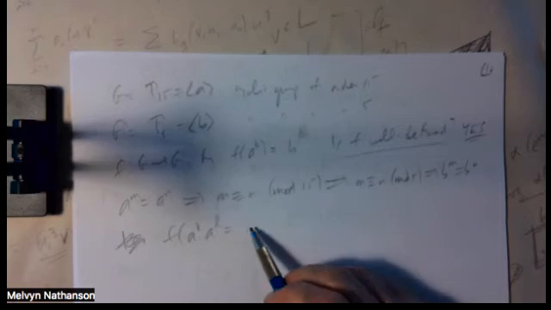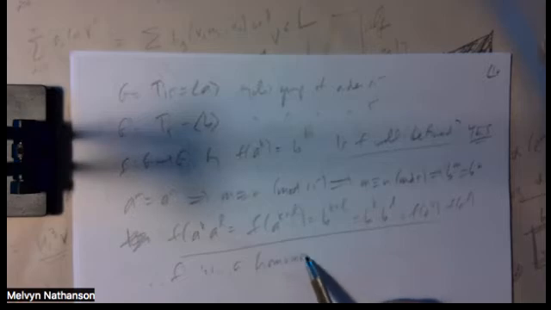And f of a to the k times a to the L is f of a to the k plus L. That's b to the k plus L. That's b to the k times b to the L. That's f of a to the k times f of a to the L. So this is a homomorphism.